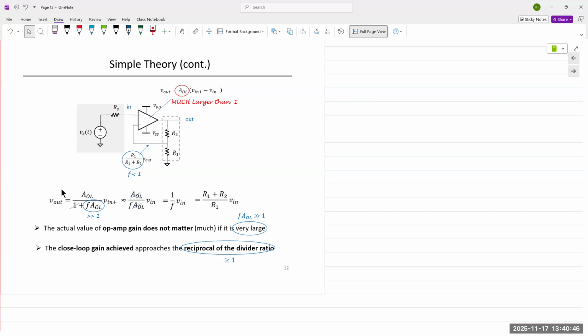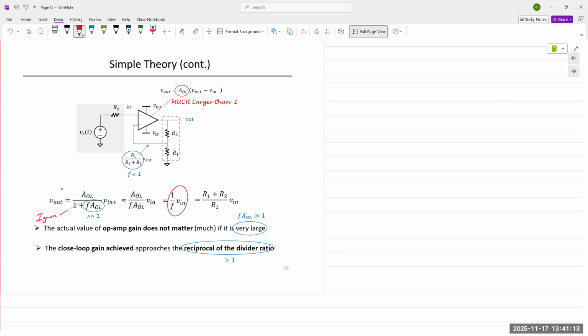So F times AOL is going to be far greater than 1. So we can ignore that 1. And hence, we obtain an expression: 1 over F times V in. And 1 over F is R1 plus R2 over R1 times V in.